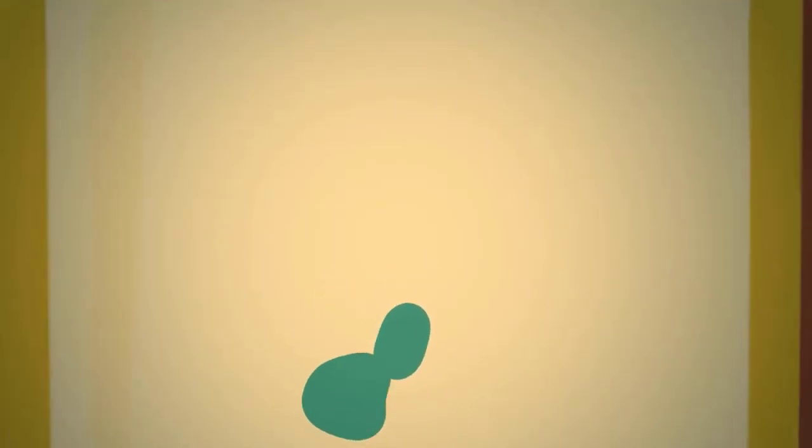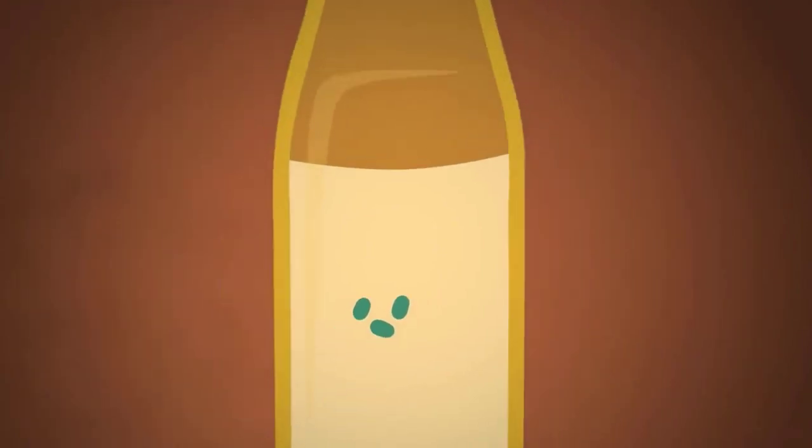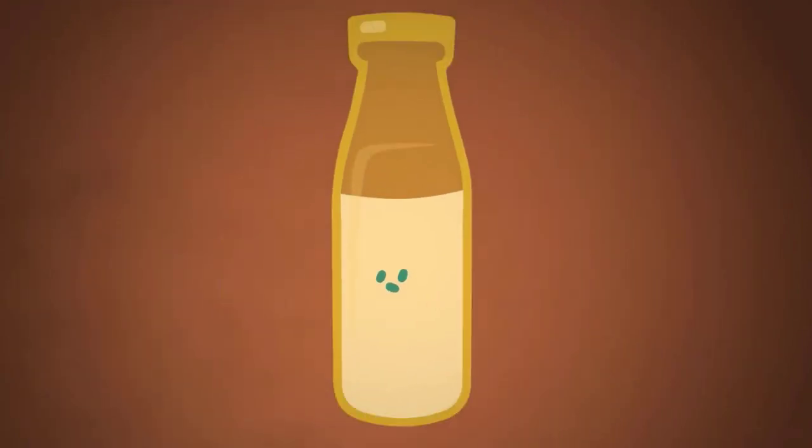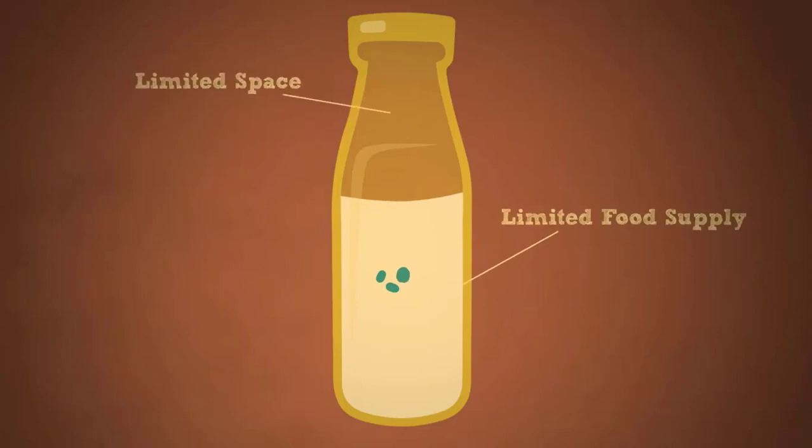Let's revisit our bacteria in a more realistic setting. Say our bacteria are growing in a bottle of milk that has been left out in a warm room. The population of bacteria now has limiting factors. They have a set amount of food to feed on and are confined to the milk container.